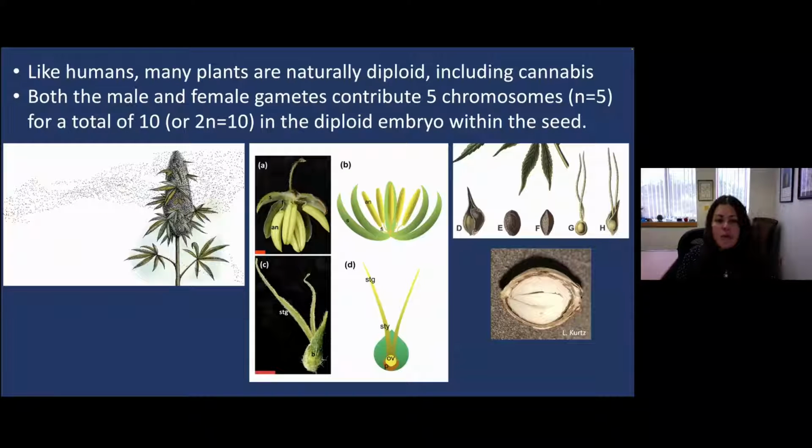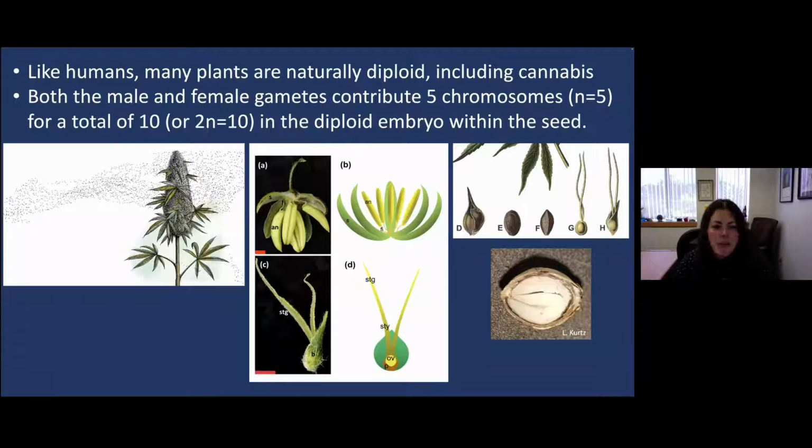Like humans, many plants are naturally diploid, containing 2 sets of chromosomes, including cannabis. In cannabis, both the male and the female gametes, the egg and the sperm, contribute 5 chromosomes. So n equals 5, for a total of 10, or 2n equals 10, in the new diploid organism or embryo that's inside the seed.